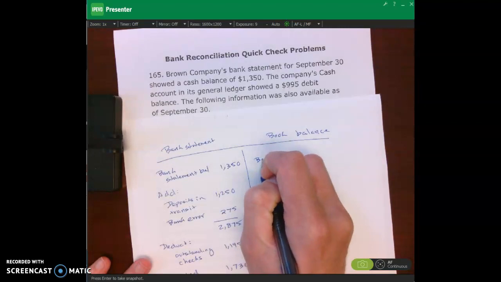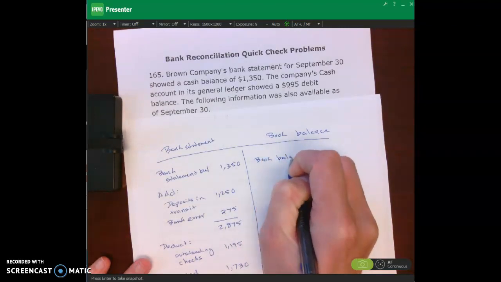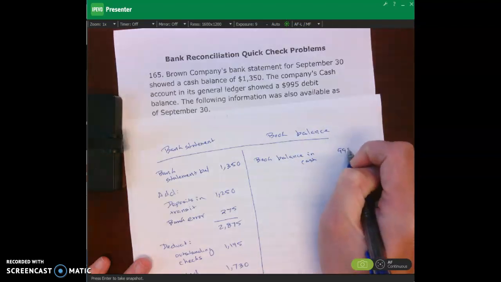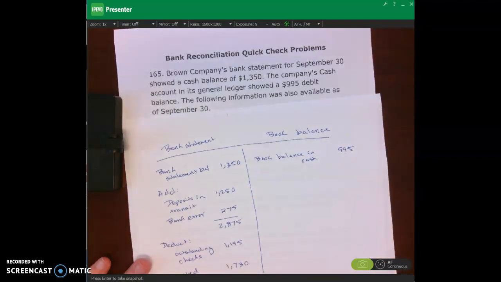So you can write over here, book balance in cash, $995.